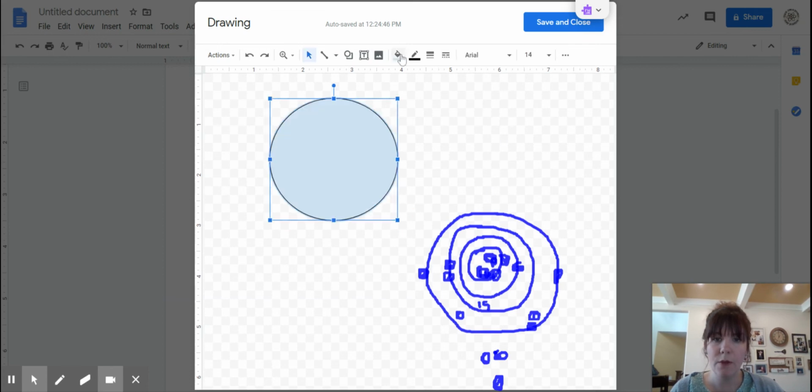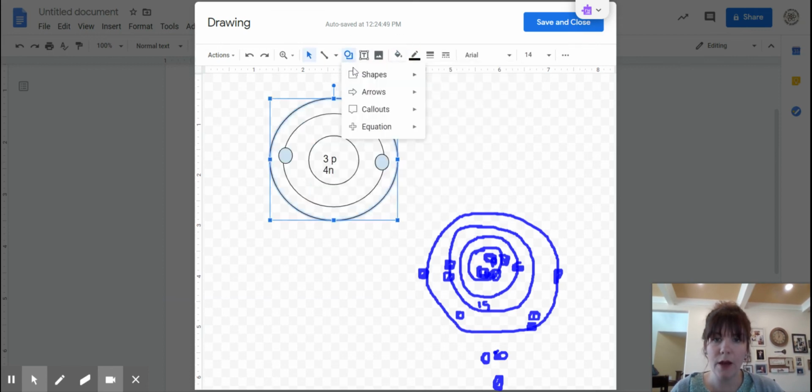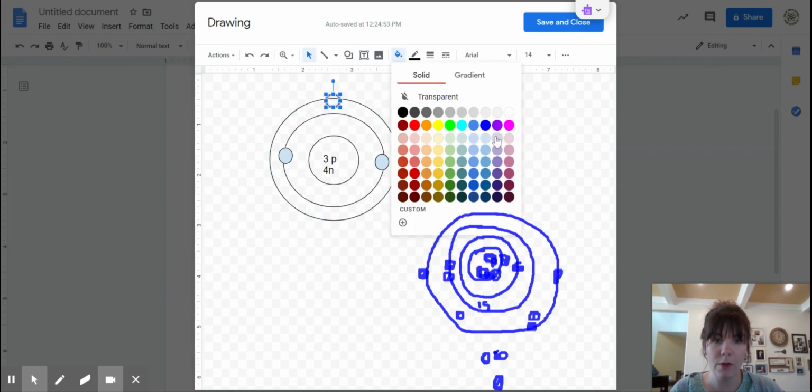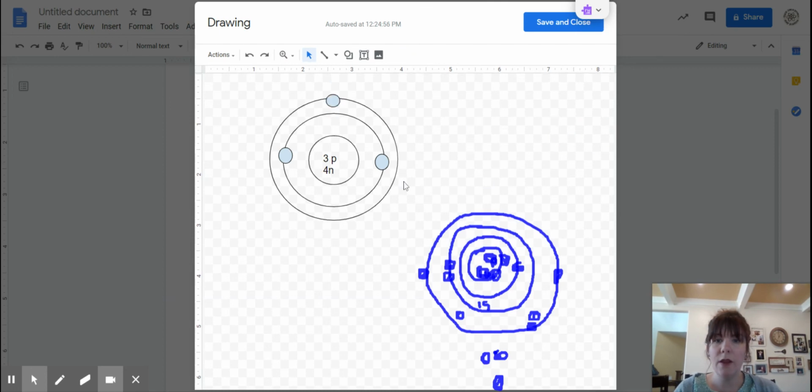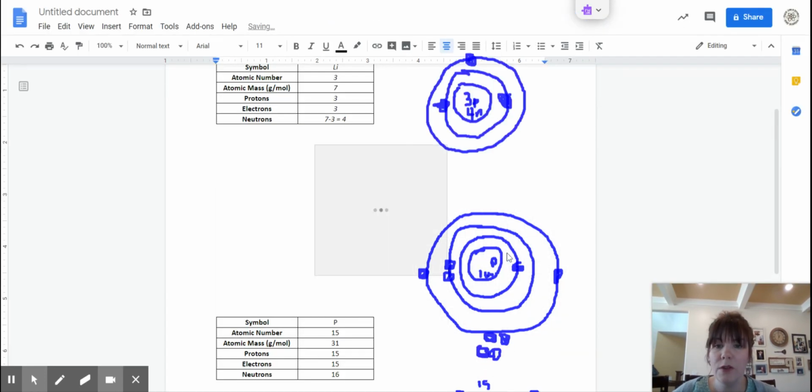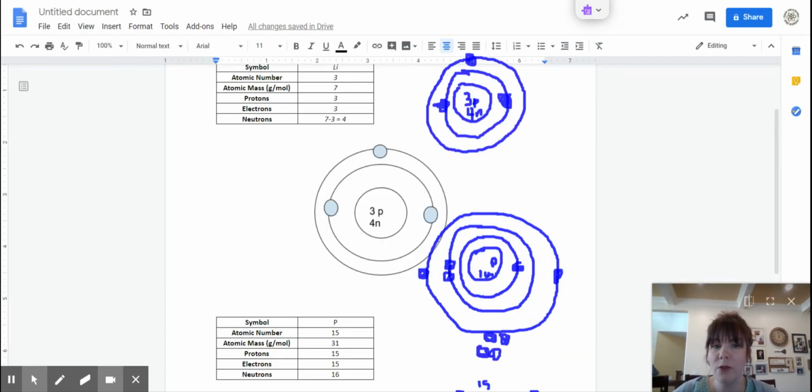Make that transparent and add one more shape onto it. And there would be lithium as a Bohr diagram. If you hit save and close, it automatically drops it into your actual file. So you could just have these all in that picture on that assignment, just on a separate page. So that's another way that you can complete this.